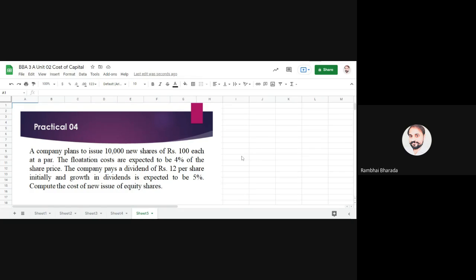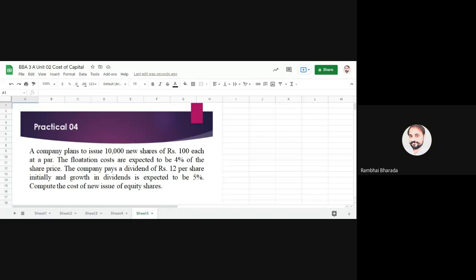Now focus here. Practical question number 4. A company plans to issue 10,000 new equity shares, each of rupees 100 at par. At par means no discount, no premium. Okay, like BEP, break-even point means no profit, no loss.